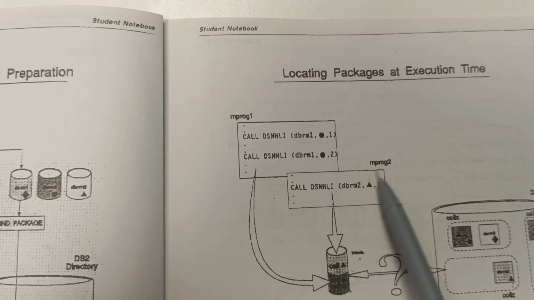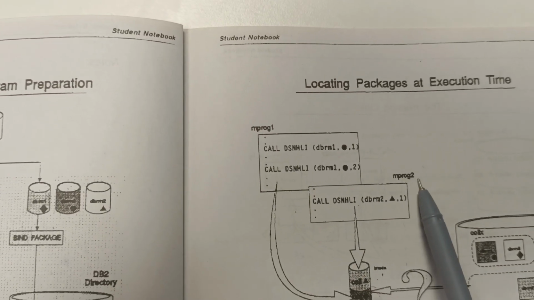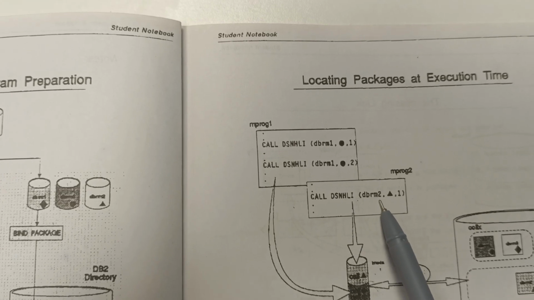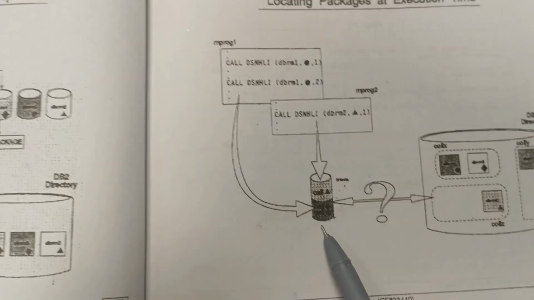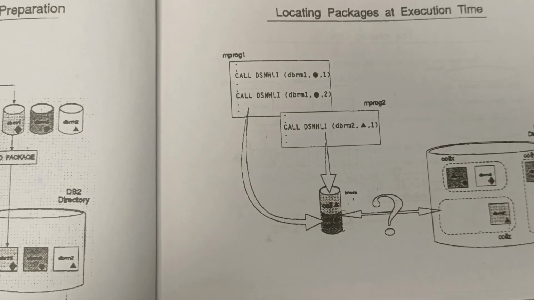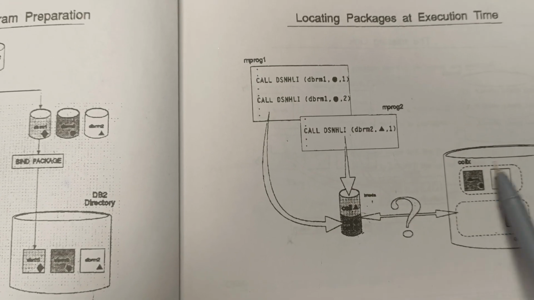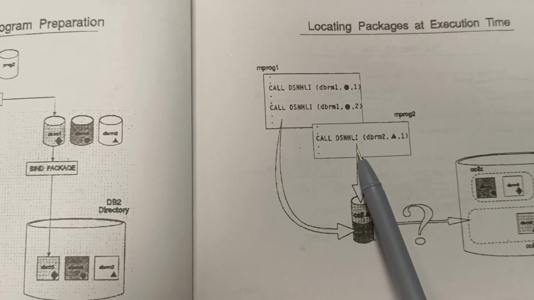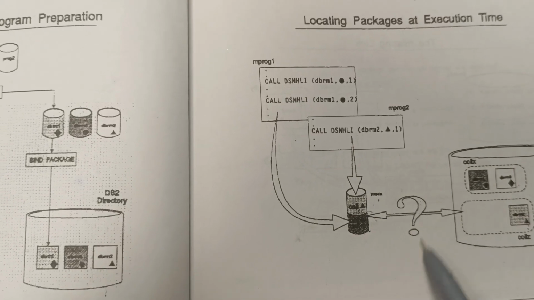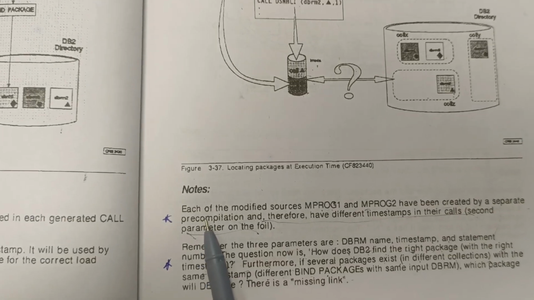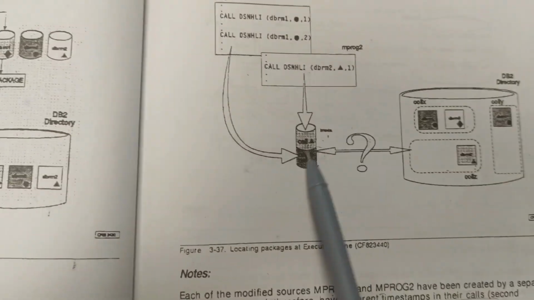Same for my program 2, which has a different DBRM name and a different timestamp. Once we give the load here, the DB2 directory, but how do you know which collection it will check to pick this DBRM name? Some syntax is there, and this diagram will explain it.